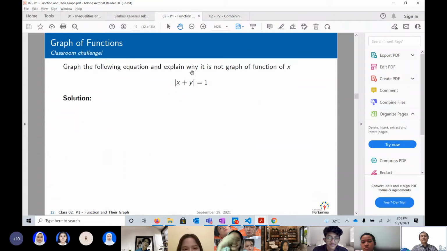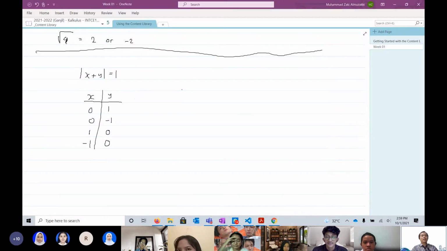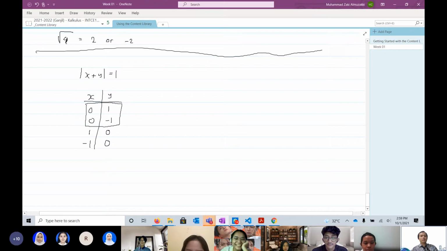So now the answer why it is not a graph of a function of x. We want to say that y is a function of x, but it cannot be a function of x because here for one value of x, we have two different values of y. This is not allowed in a function.